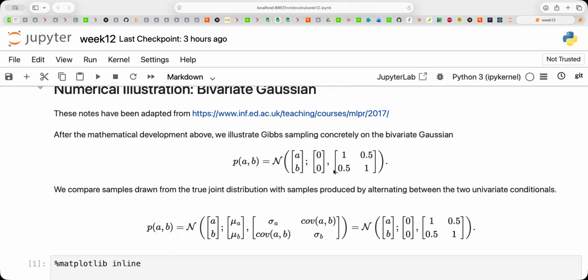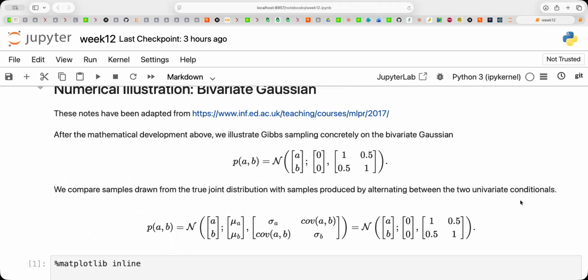So what we are going to do now is compare samples which are drawn from the true distribution with samples which are produced by alternating between the two univariate conditionals. So I'm going to produce a conditional distribution from which I'm going to reconstruct the full distribution.